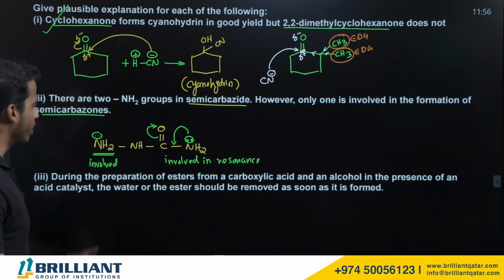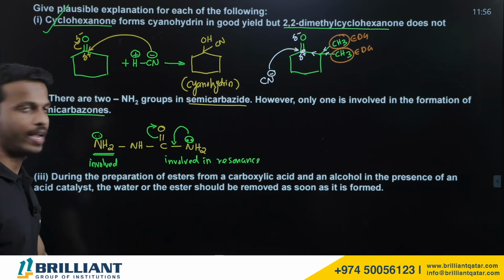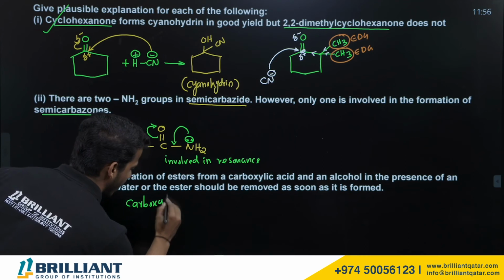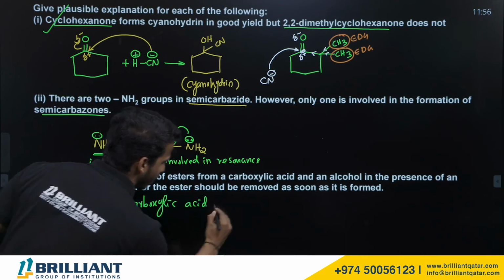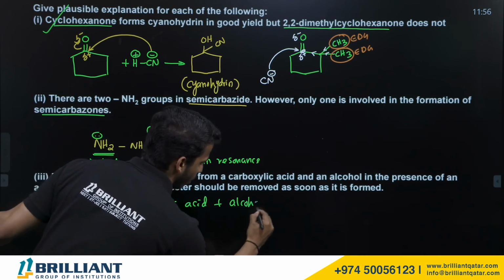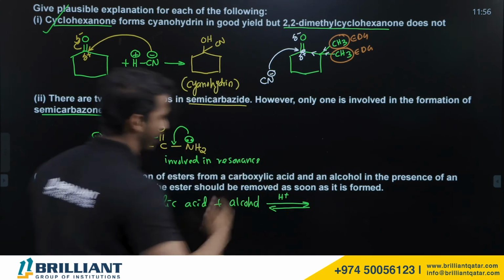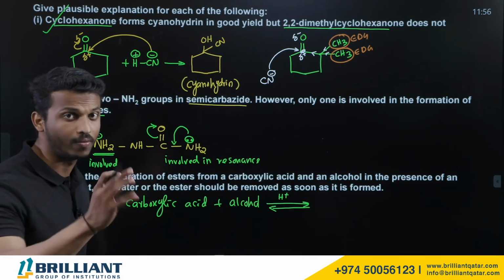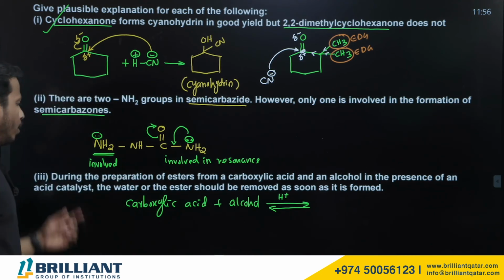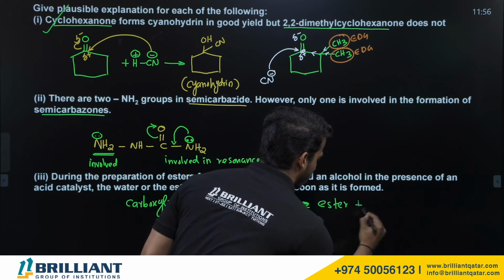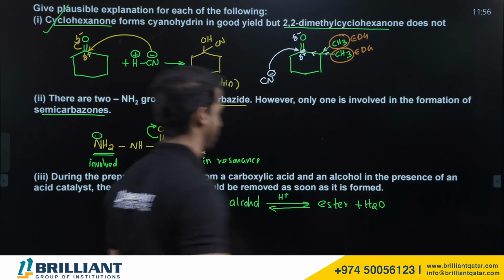Next one, during the preparation of ester. Ester is generally prepared by the reaction of a carboxylic acid with an alcohol in the presence of an acid like HCl, and it is a reversible reaction. Esterification is a reversible reaction. During the preparation, ester will form along with the elimination of water. This is esterification.